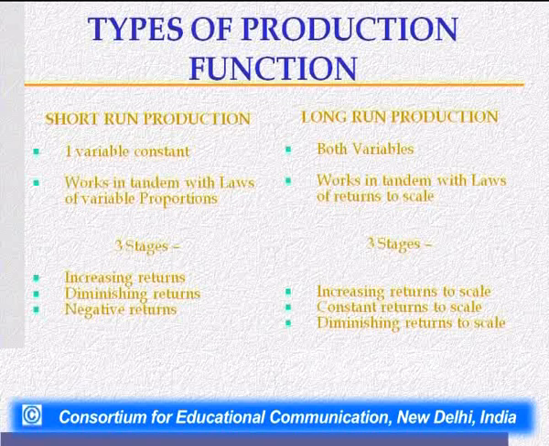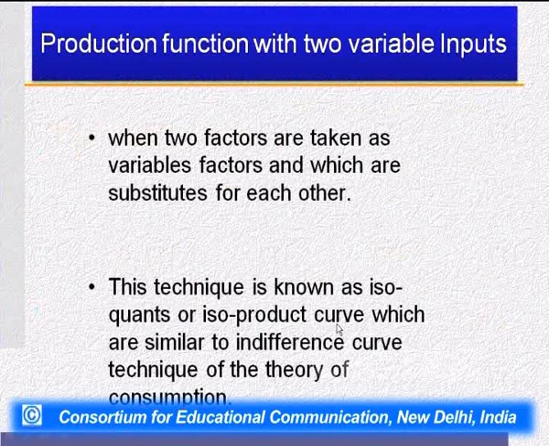But in the long run, both variables can be increased or can fluctuate. So, it works in tandem with the laws of returns to scale. The same three forms are present in the long run: increasing returns to scale, constant returns to scale, and diminishing returns to scale. Here you can see that in the short run there is no constant returns to scale, but in the long run there is the possibility of constant returns to scale.